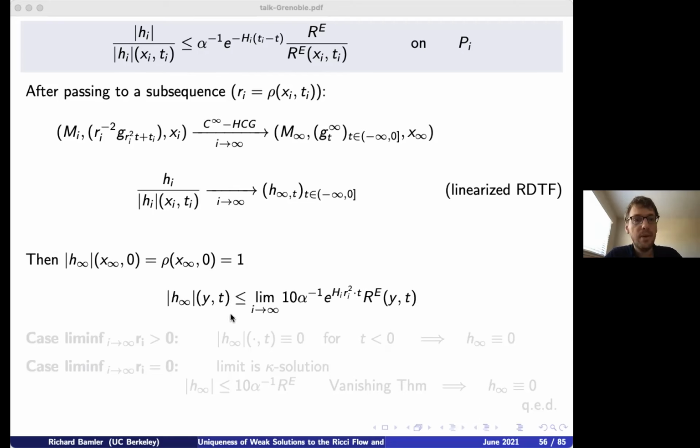So essentially, we're getting that h infinity is bounded from above by... Sorry, I forgot why I chose a 10 here. Oh, sorry. So this r_i x_i t_i converges to 1, or maybe it's 1/3, or some number that we can write down.